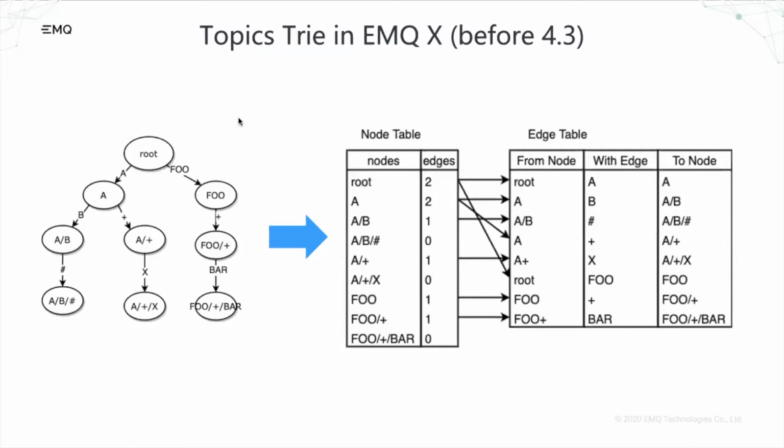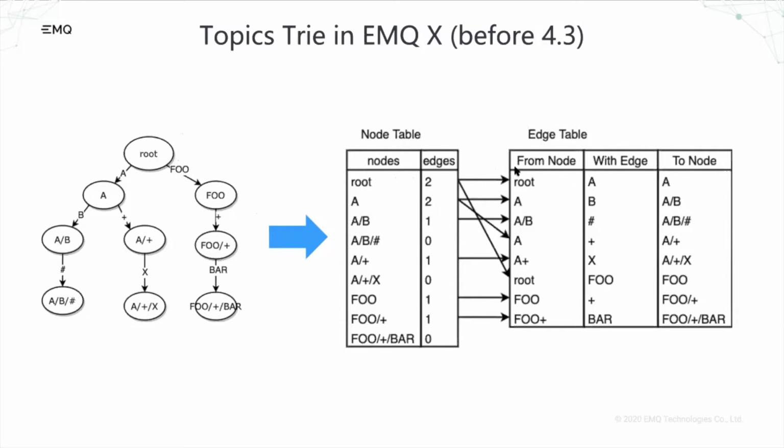Internally in the code, or in memory, since EMQX is implemented in Erlang, we can take advantage of tables to store the tree structure. We have a node table and an edge table. It's almost a direct mapping from this tree structure to the table structure, just not as straightforward as the tree.